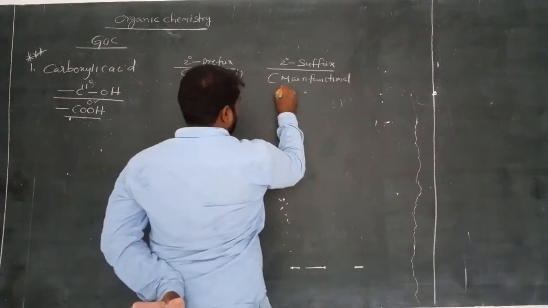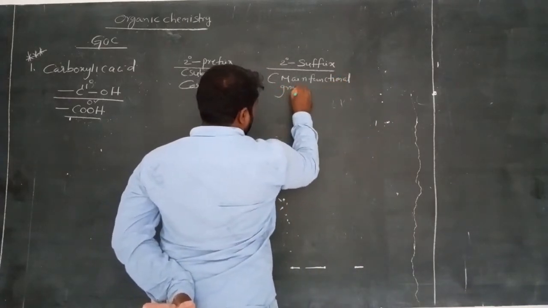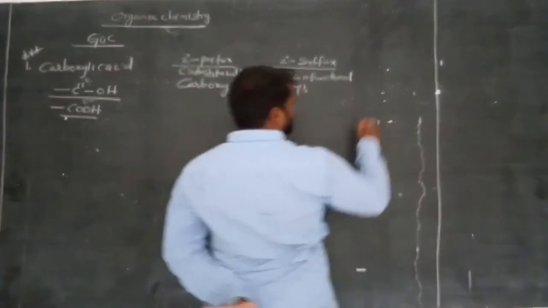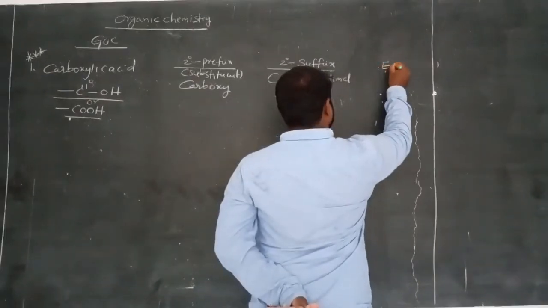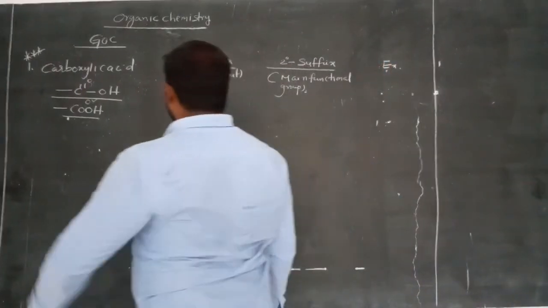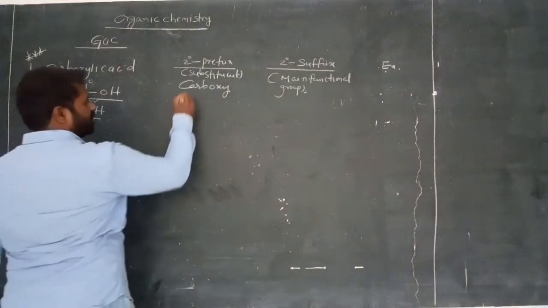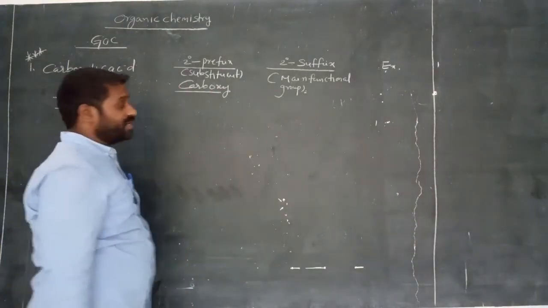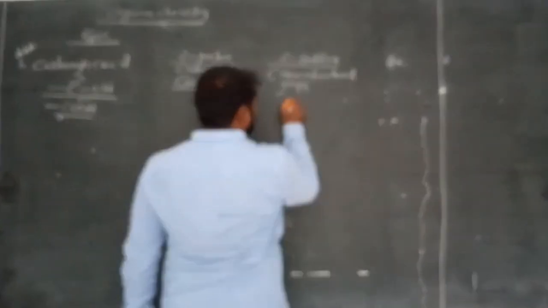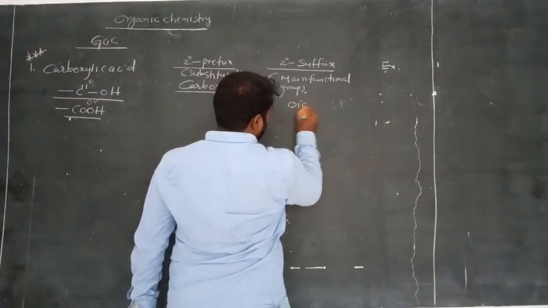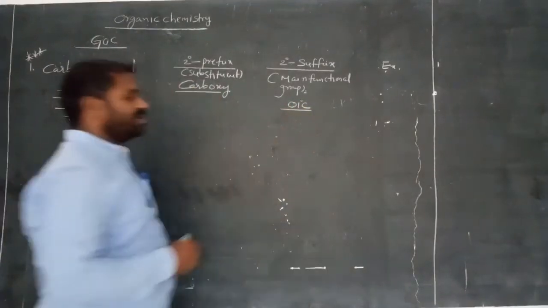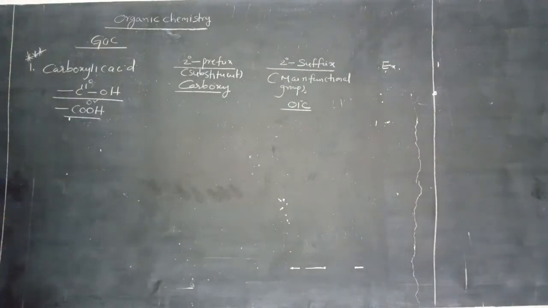Main functional group. Let's see the corresponding examples. So when it is carboxylic acid, we call it carboxy as a substituent, and as the main functional group we call it OIC. The end of the name ends with OIC.